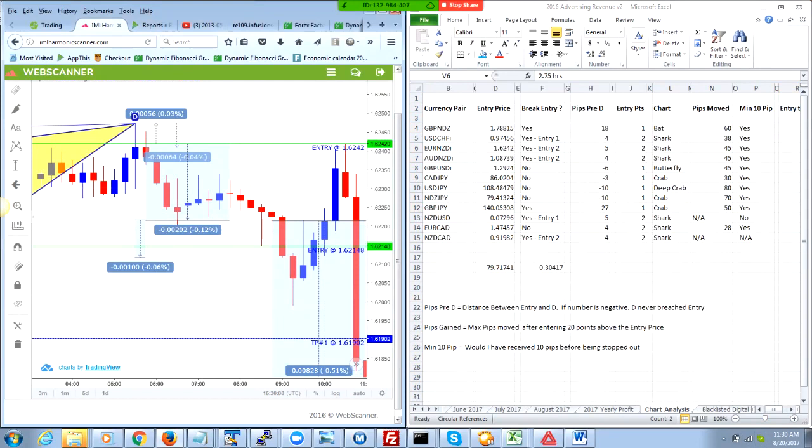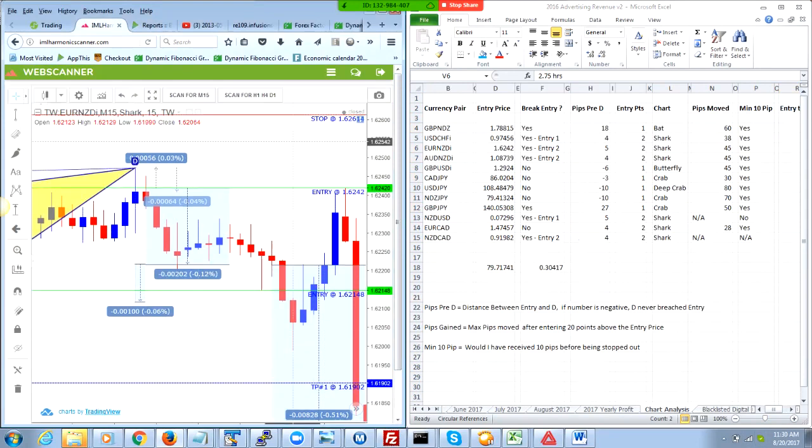So in my back test, say for instance, this is a sharp pattern. With this particular sharp pattern, I would take the first entry and go down about 20 pips. This is why you have this line for 20 pips. I'll say, okay, at the 20 pip mark, this is where I would enter the trade.